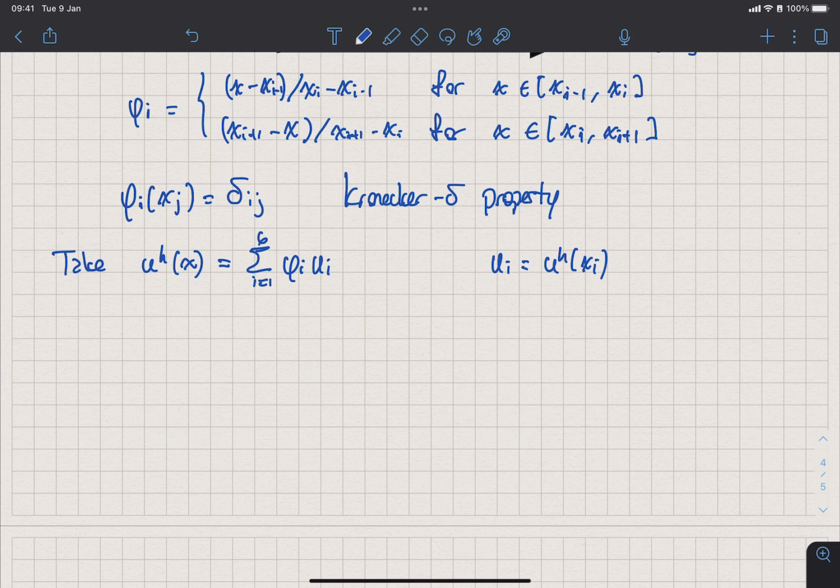The degrees of freedom, remember, are coefficients that scale the importance of the different basis functions. But if it just happens that at the location of the node the function is equal to 1, like in this case, then the degree of freedom automatically tells you the displacement at that location. This is a really nice physical meaning for the degree of freedom, which is, by the way, lost when we look at more advanced formulations.